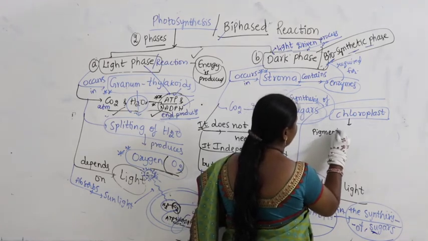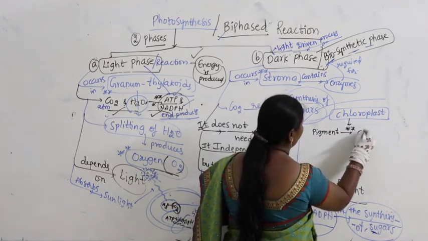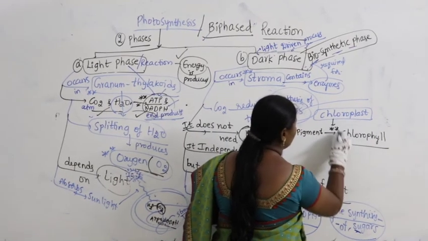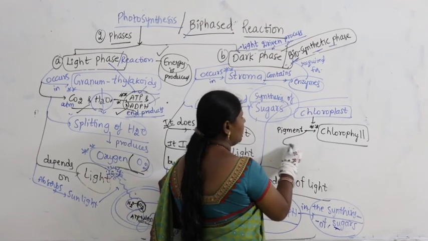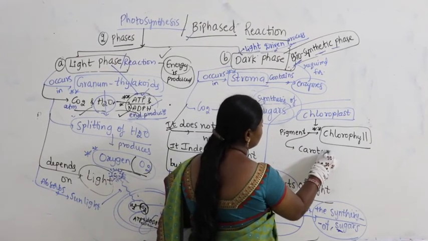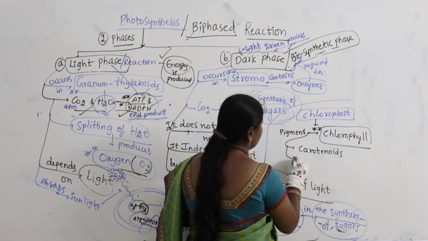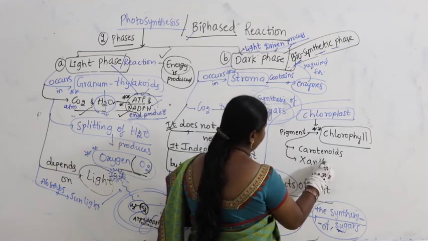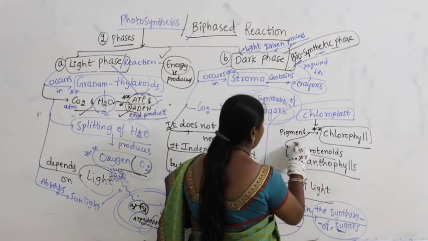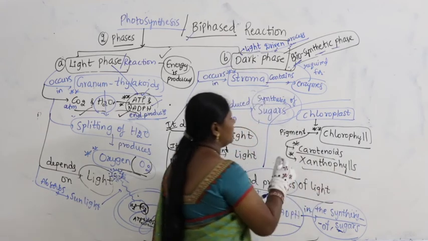It is called chlorophyll. And apart from chlorophyll, we even find carotenoids as well as xanthophylls.